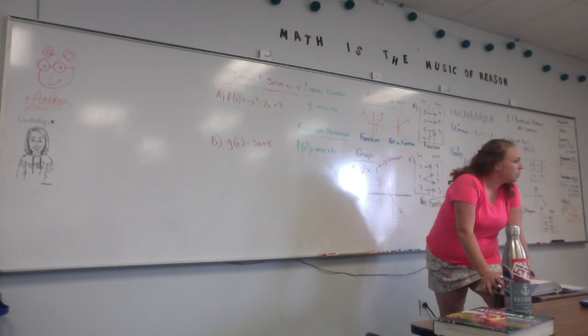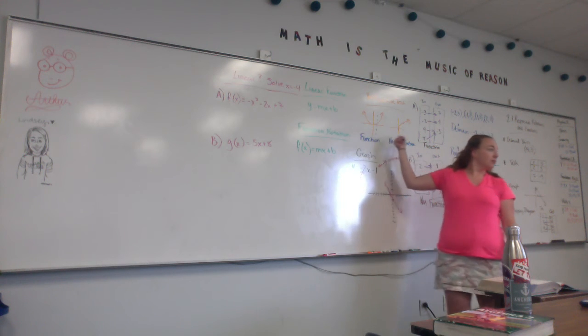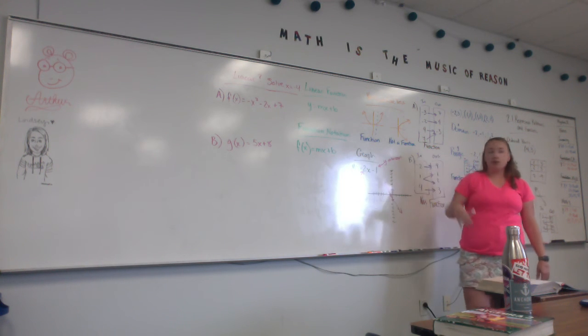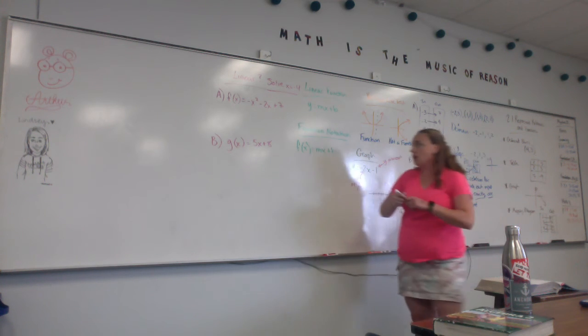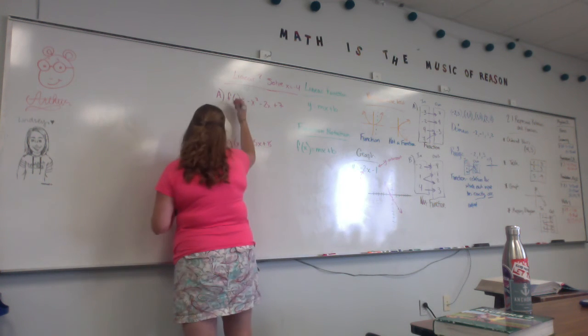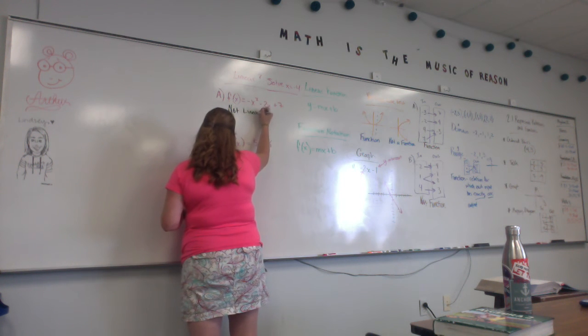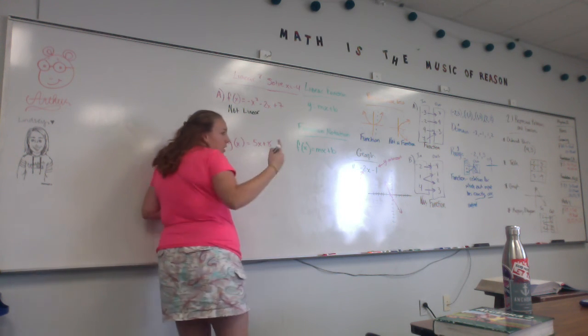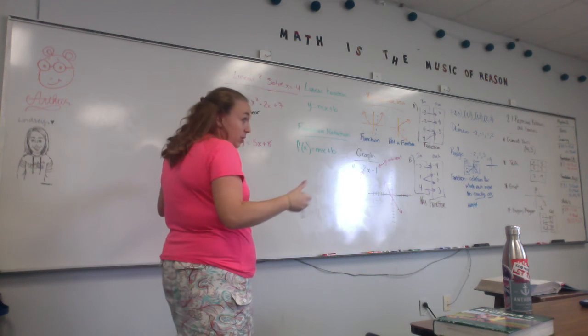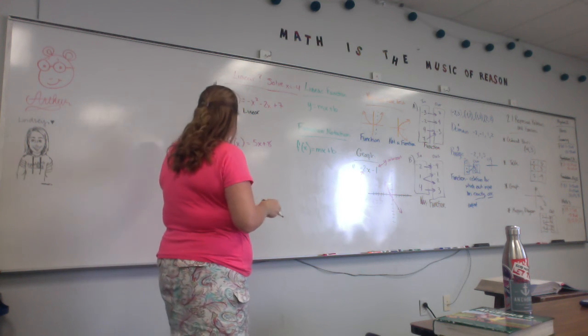It is quadratic. So is quadratic a linear function? No, it's a parabola, right? So it's not going to form a line. So no, not a linear function. Okay? So anything that has a power greater than 1 is not going to be linear. Pretty simple? Okay? Now let's solve.